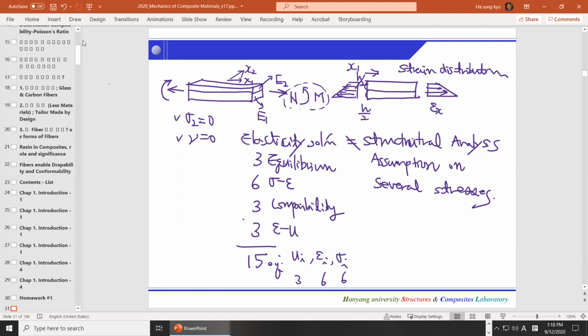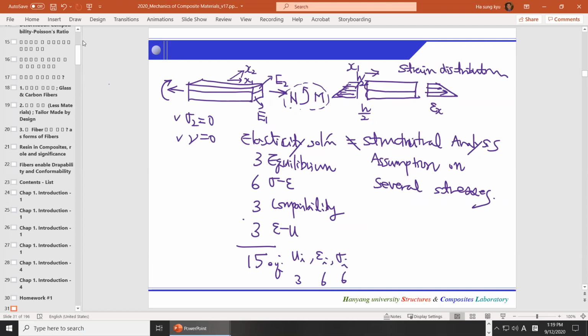Well, this is the very ideal case. But solving these equations involves solving partial differential equations, which in many cases is impossible to solve in exact form.